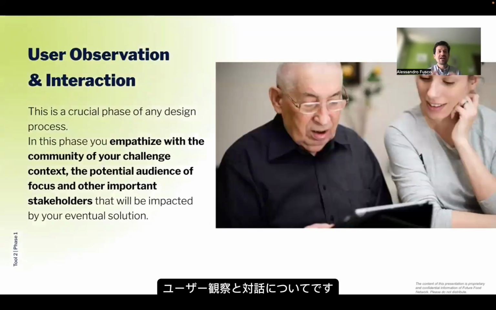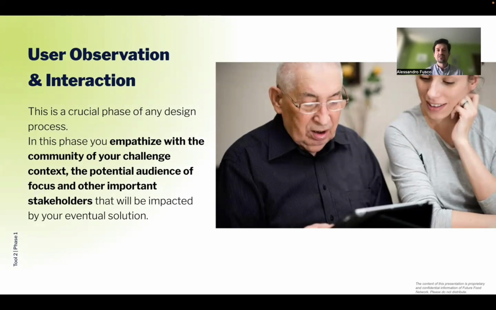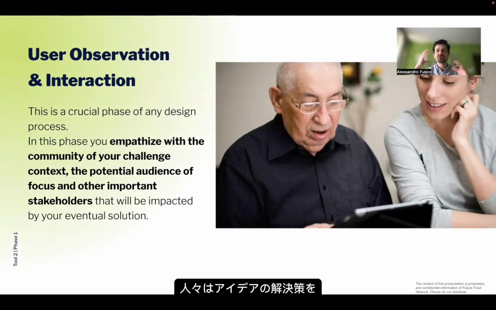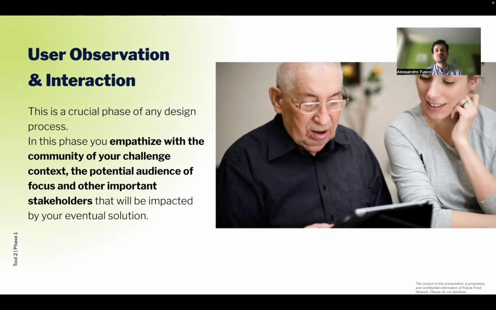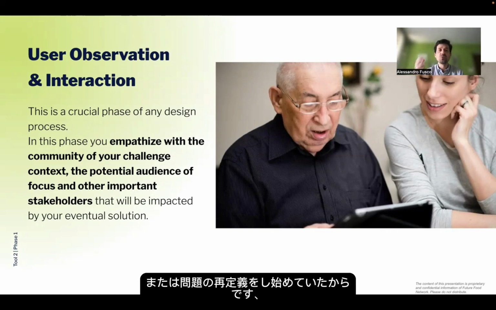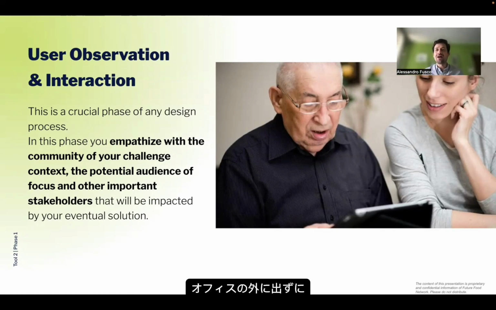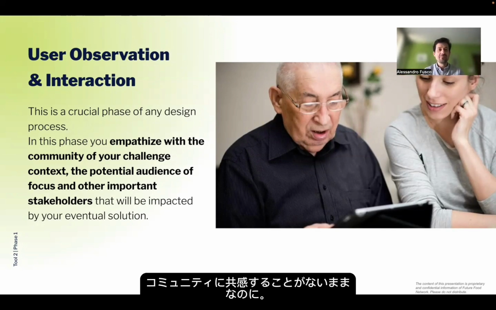User observation and interaction. This is very important because very often people start to think about idea solutions and to prepare and to design a solution or reframe the problem without going outside the office, outside your room, and without empathizing with the community.